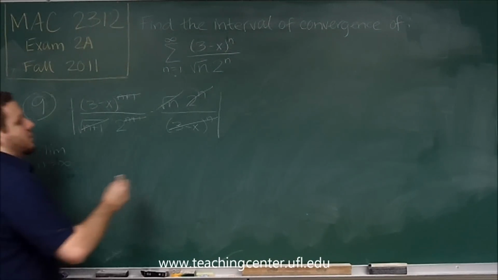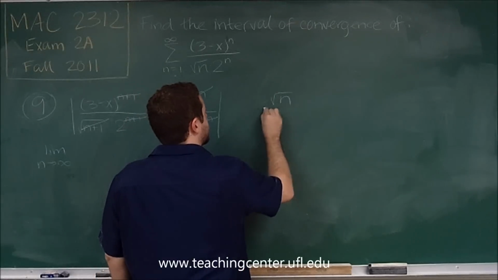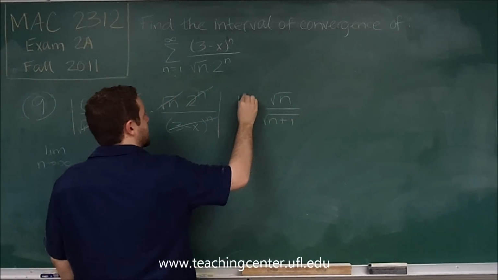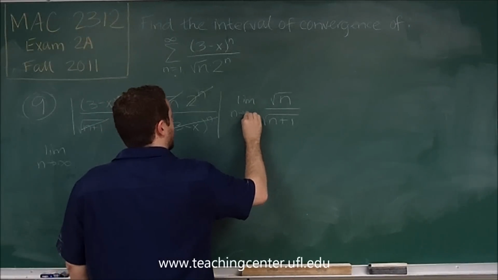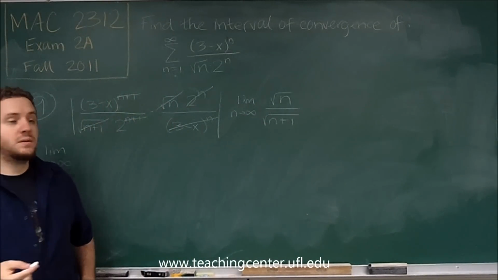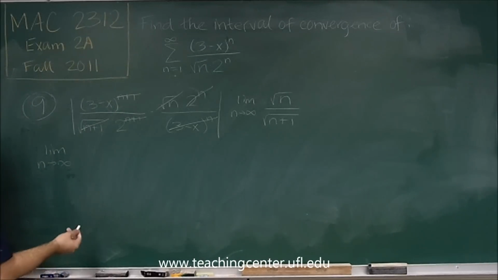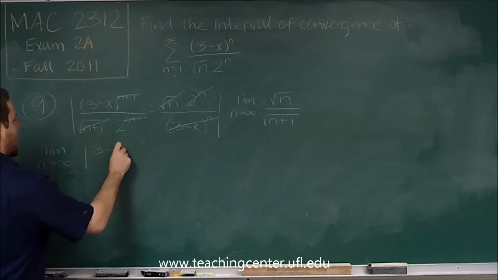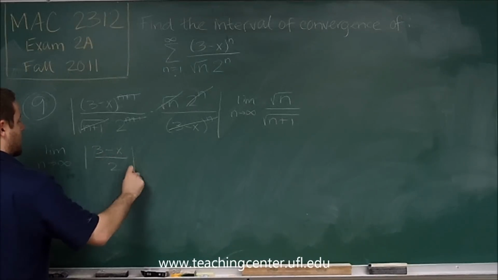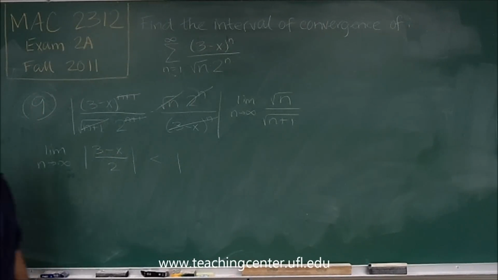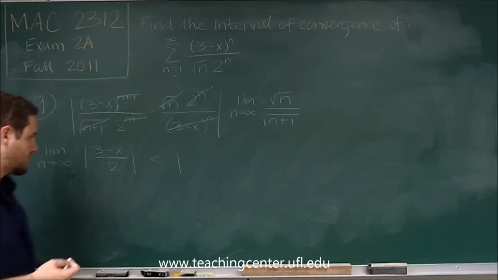In other words, if you just isolated that part out and did the limit as n goes to infinity, that limit is just going to be 1. So what we're left with is absolute value of 3 minus x over 2. And we want it to converge, so we know that has to be less than 1.